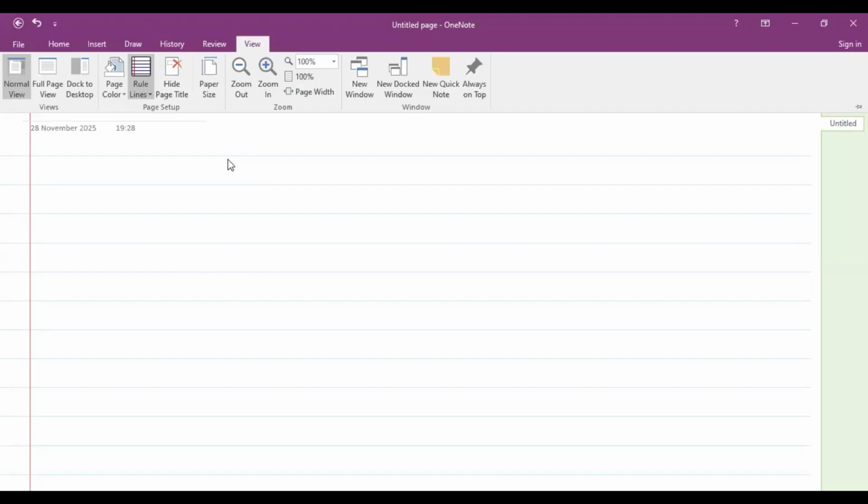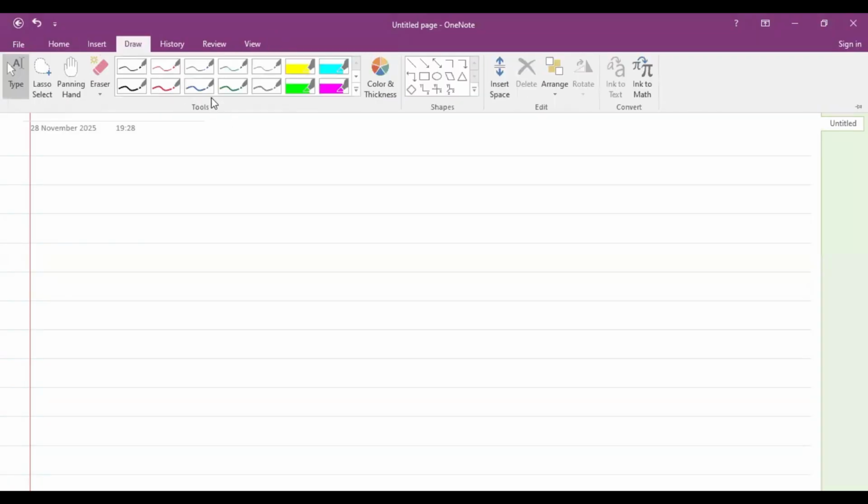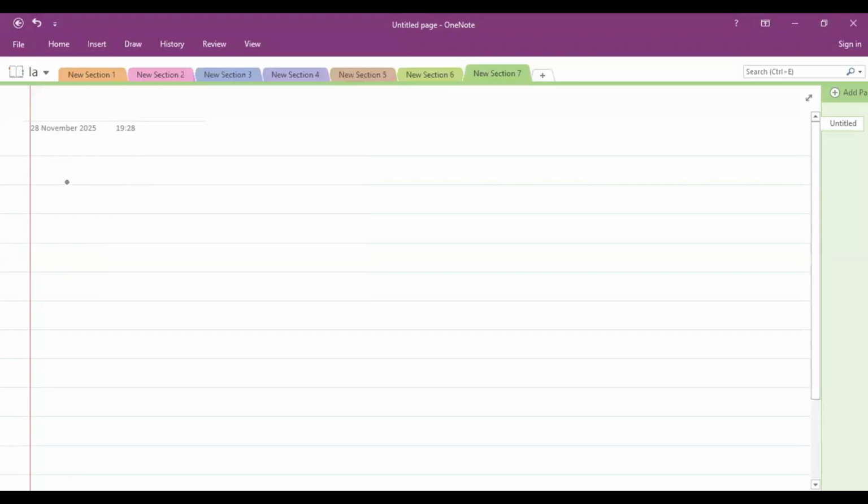Okay, so let's take this example related to eigenvalues of a matrix. Suppose we have a matrix A of order 3 cross 3, and the determinant of the matrix is 4, and the trace of the matrix is equal to 6.